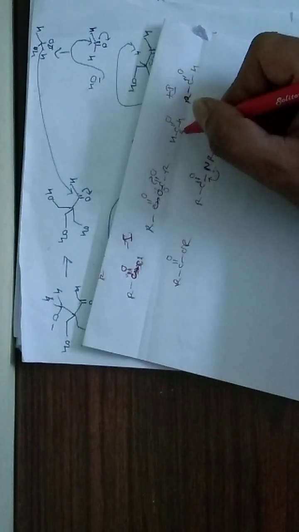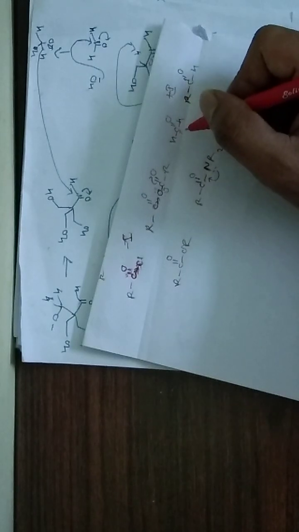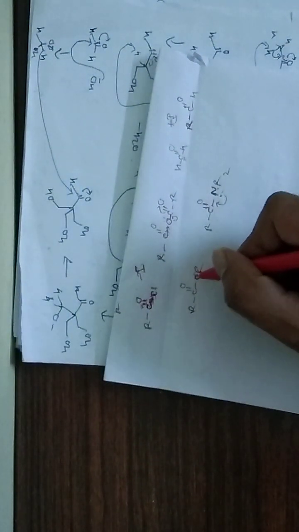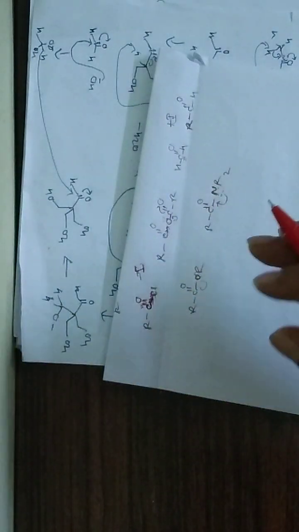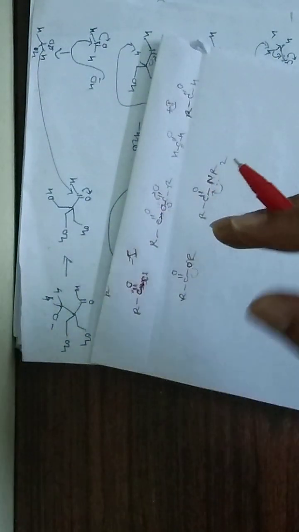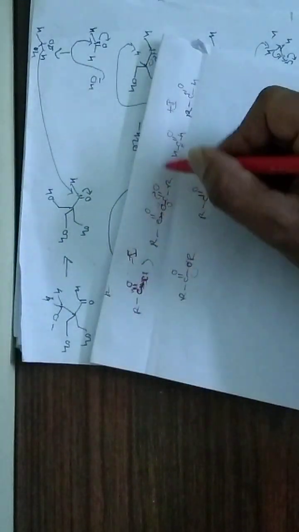So this one will become more electron deficient than this. And here also it has a lone pair which it will donate, which will also make it a little more electron rich. So among these, which one is more electron deficient? This. So this is the order of electron deficiency of the carbonyl carbon.